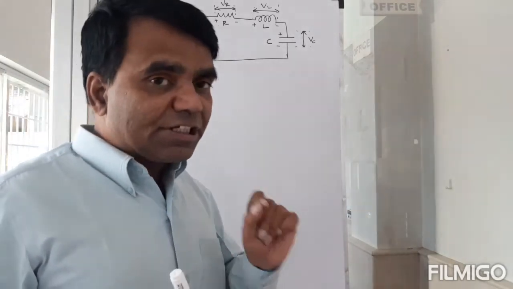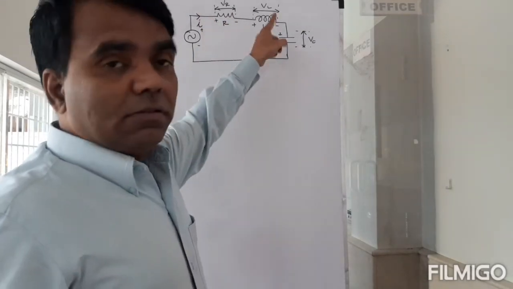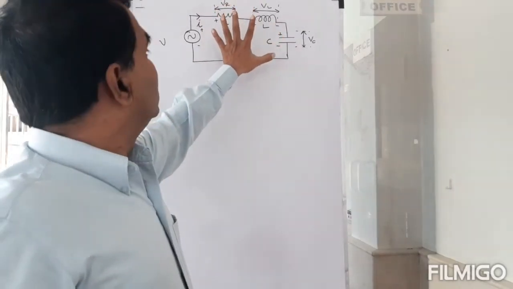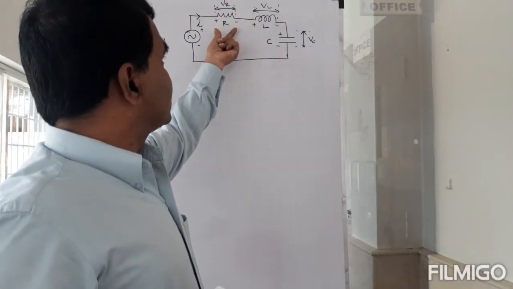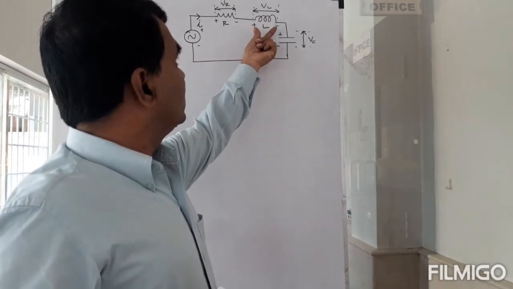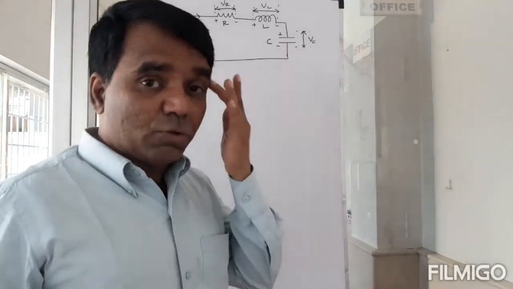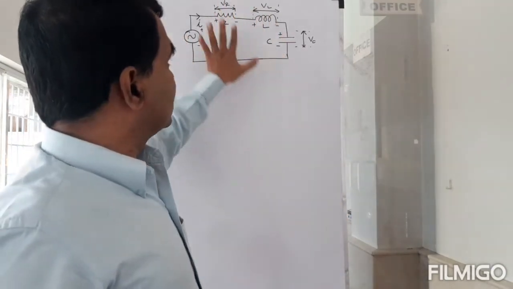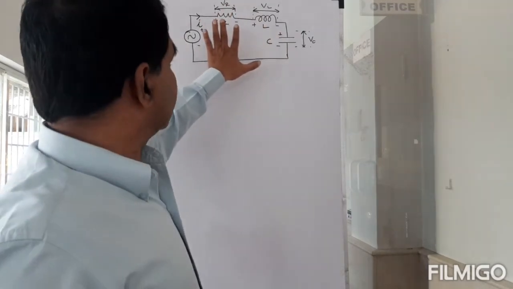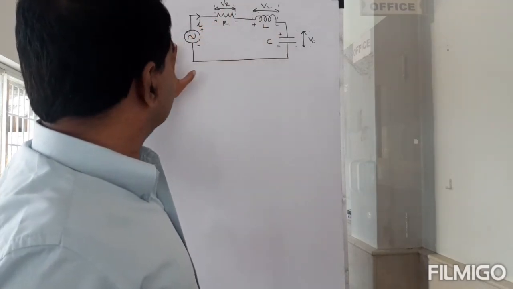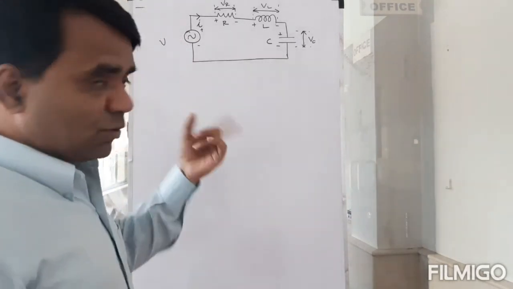I know the relationship between the current that is flowing in this circuit and the voltages across the resistance and the inductor and also the capacitor. I know that. So using this, I should be able to find the relationship between the current and the applied voltage. So that's what we'll do.